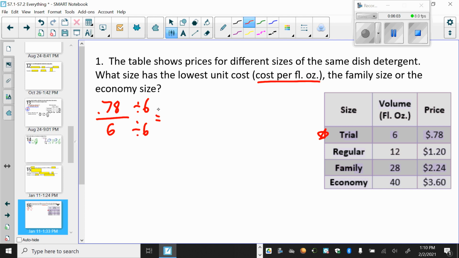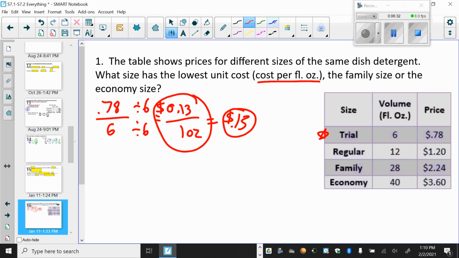So that's going to give me 0.13 over 1, or 13 cents per ounce, right? Which is actually just 13 cents for fluid ounce. We'll put it here.